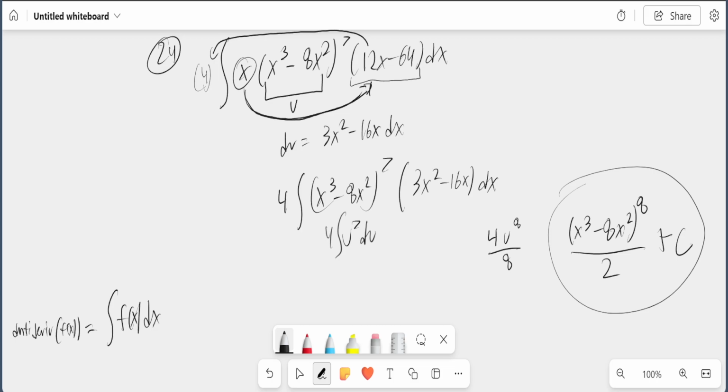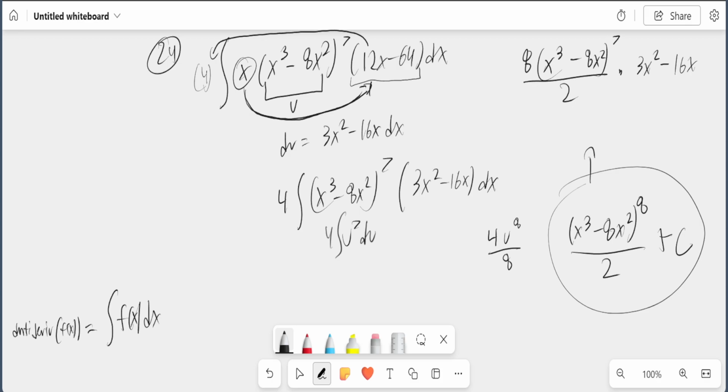Another way, okay, let's take the derivative of this and let's see. I'm assuming you get the answer times 7 over 8 over 2 times 3x squared minus 16x, right?